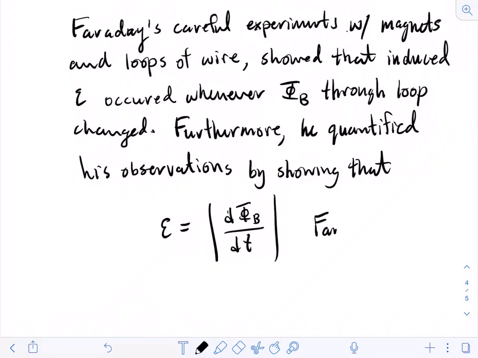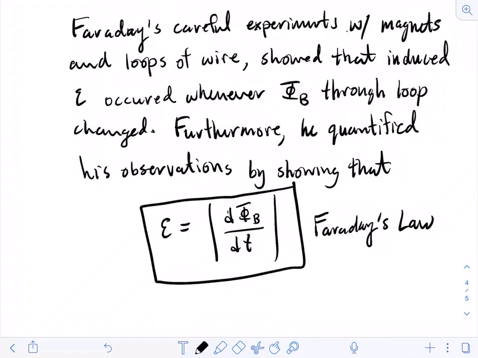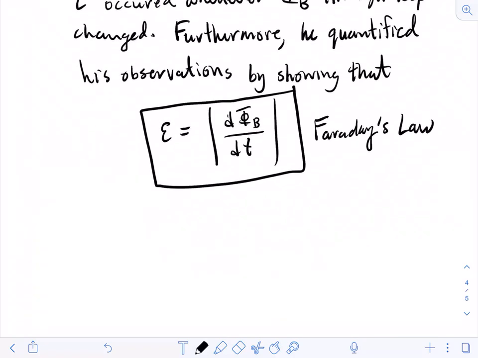And this is Faraday's law. Okay. So we're calculating just the magnitude of the EMF in this expression.